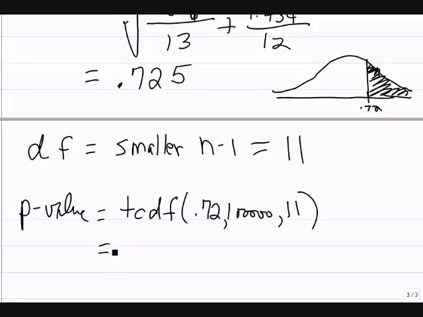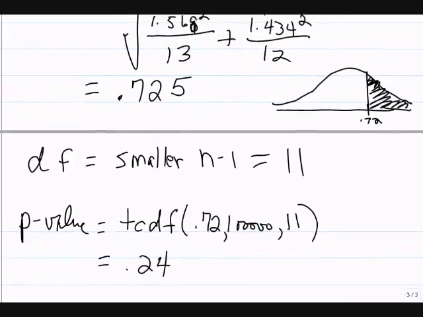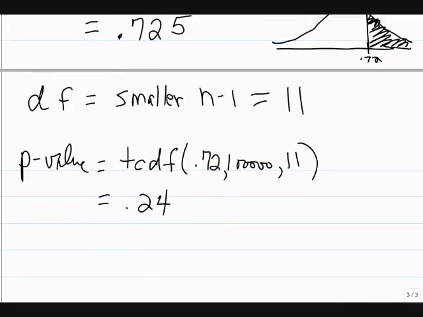And what do I get for a p-value? 0.24. All right, ladies, what do you think of this p-value? What do you think? Yay! You're supposed to go yay. It's a good one. The women are supposed to go yay. Oh, okay.